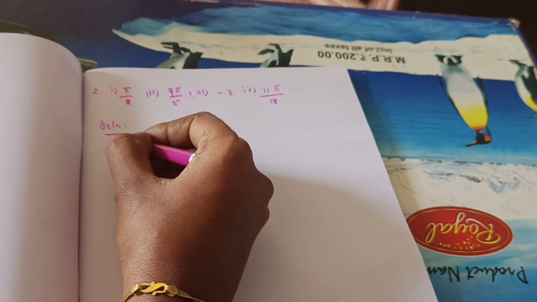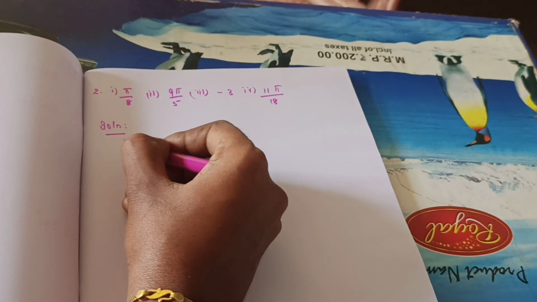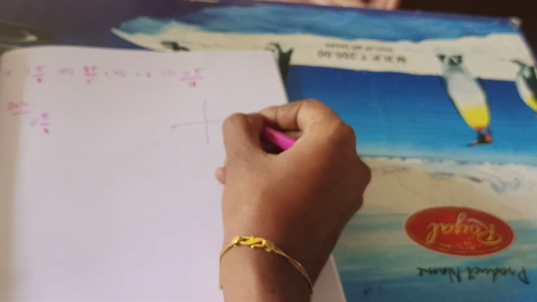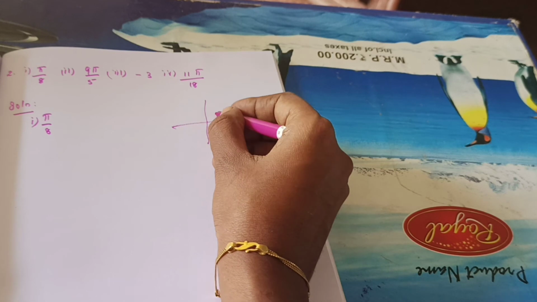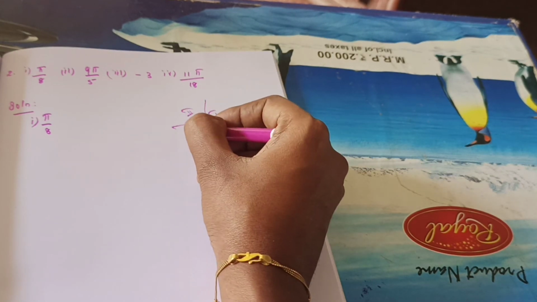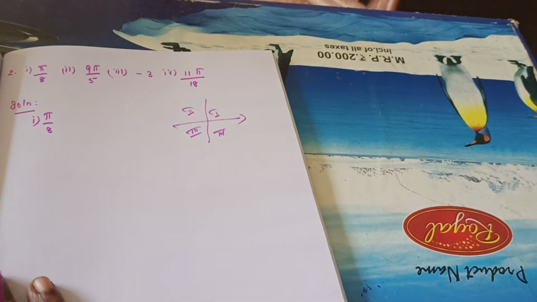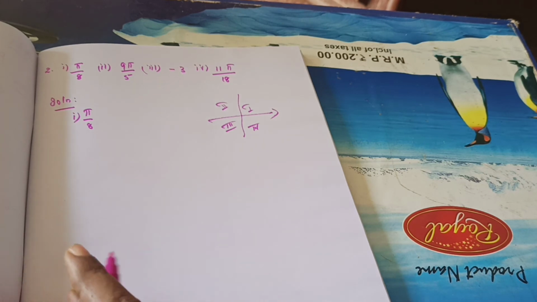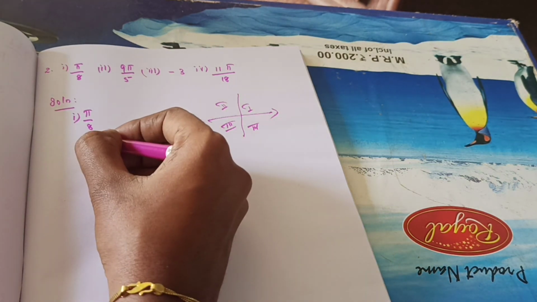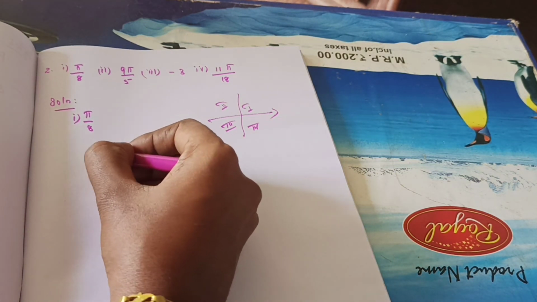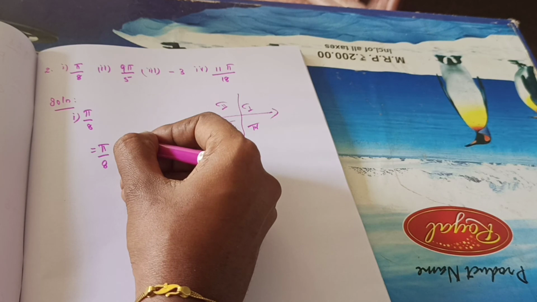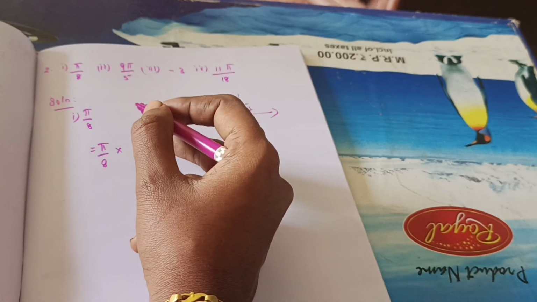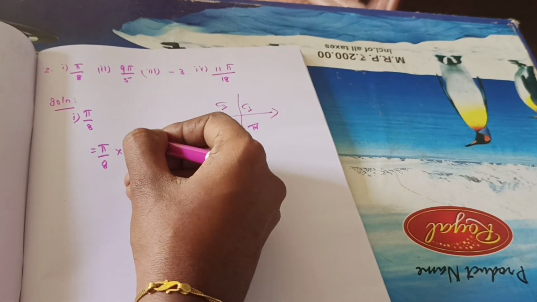First one, pi by 8. For that, first you can draw one quadrant, then only we can find correctly. This is the first quadrant, second quadrant, third quadrant, fourth quadrant. Now pi by 8 radians, we need to find the degree measure. So pi by 8 into reciprocal. That's the only difference: there we multiply by pi by 180, here we multiply by 180 by pi.